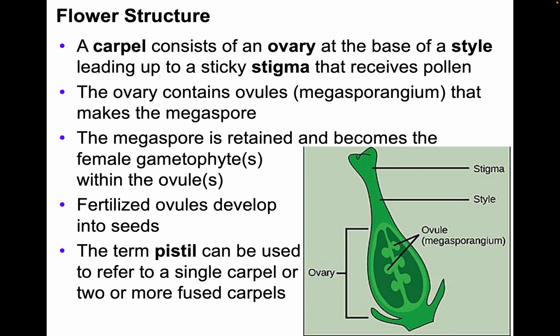That's second generation. The megagametophyte over time will make and contain the egg. If that egg gets fertilized, the entire ovule will develop into the seed, with the outermost layer, the ovule, becoming the seed coat, the next layer in becoming the endosperm or nutrient source, and the next layer in being the embryo.